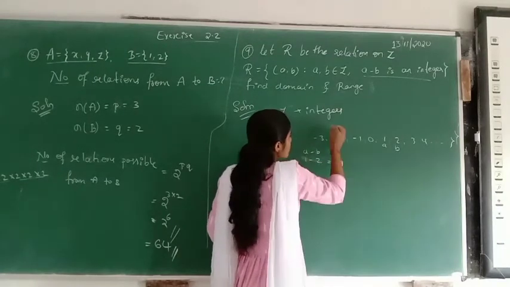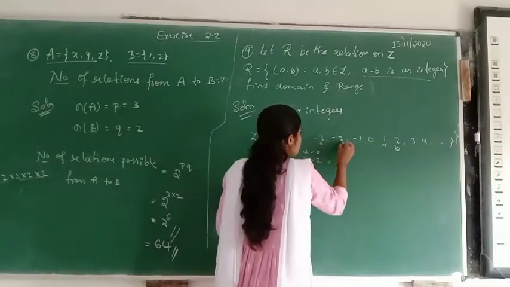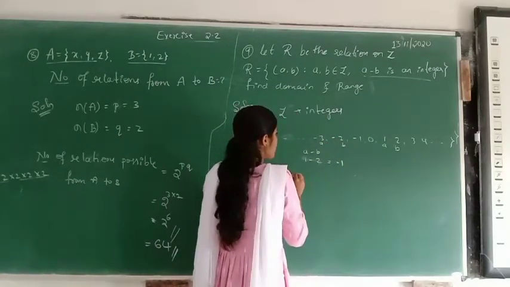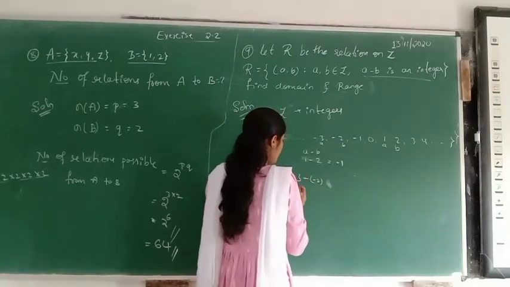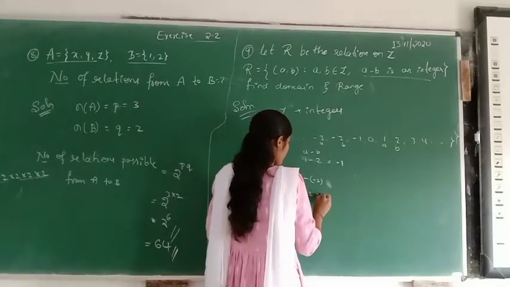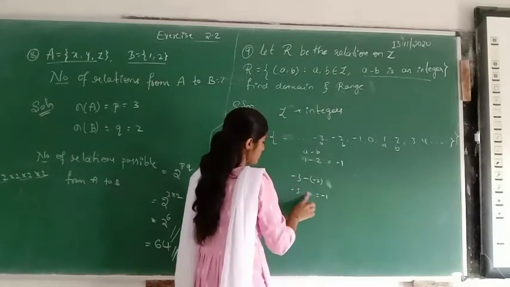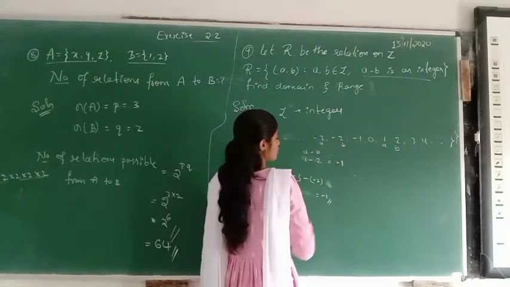Minus 1 again belongs to the set of integers. If I take A as minus 3 and B as minus 2, A minus B is minus 3 minus of minus 2, that is minus 3 plus 2, which is again minus 1. Minus 1 belongs to this set.